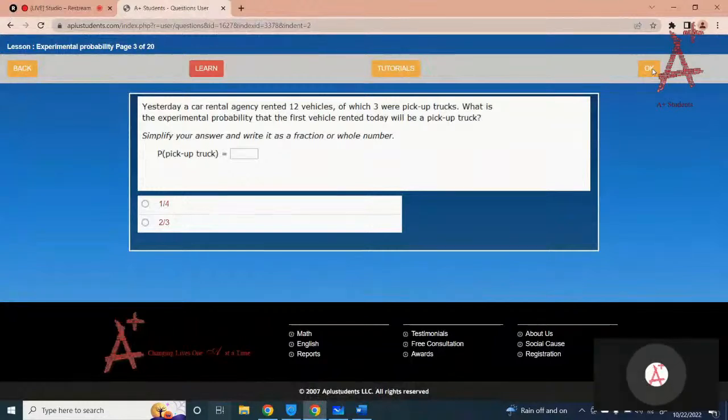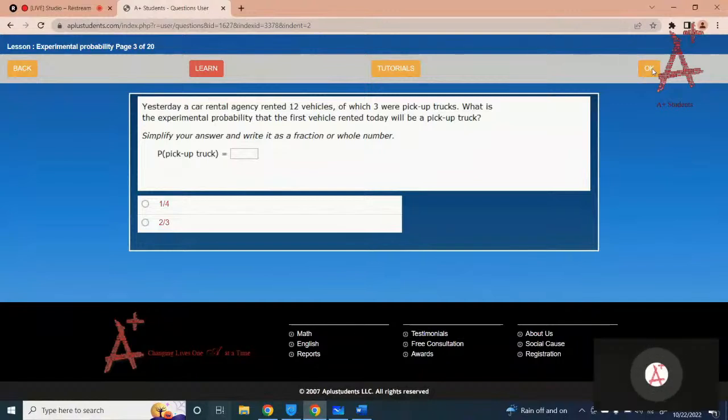Yesterday, a car rental agency rented 12 vehicles. Out of them, three were pickup trucks. What is the experimental probability the first vehicle rented today will be a pickup truck? So the probability of getting a pickup truck is 3 over 12.